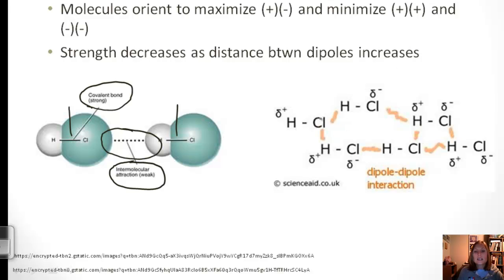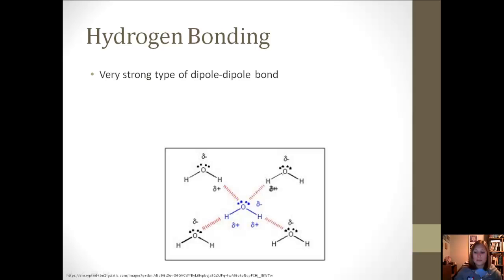If we look at some HCl's, we know that there is a dipole towards the chlorine, and so we would consider these to be polar molecules, and the bond between each of those polar molecules is our intermolecular force. In this case, because it is between two polar molecules, it's a dipole-dipole.